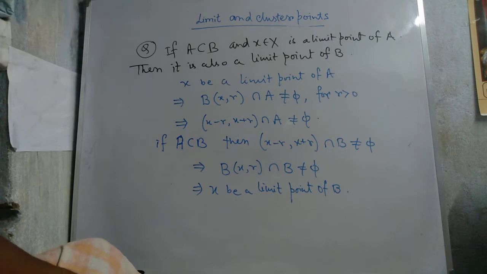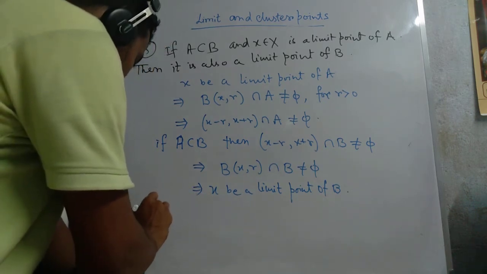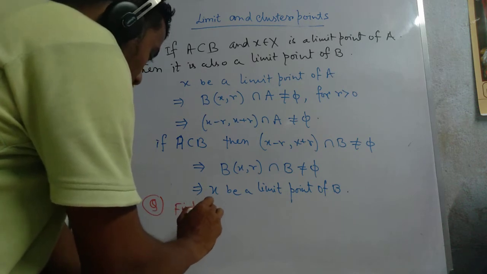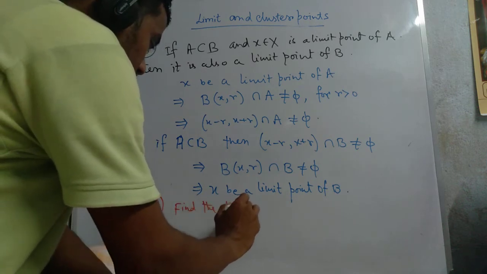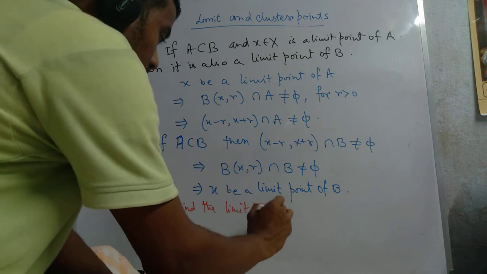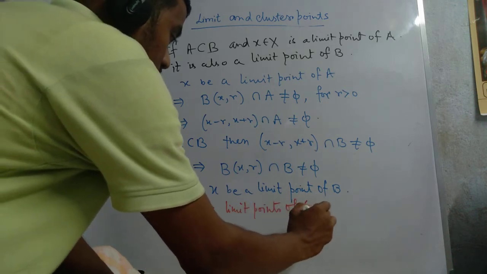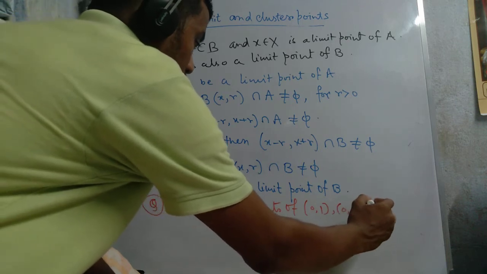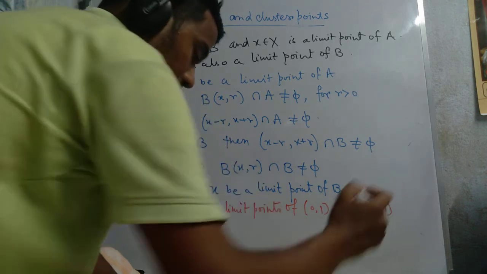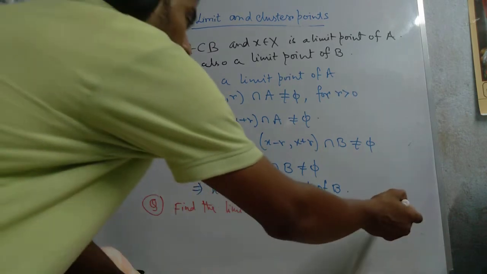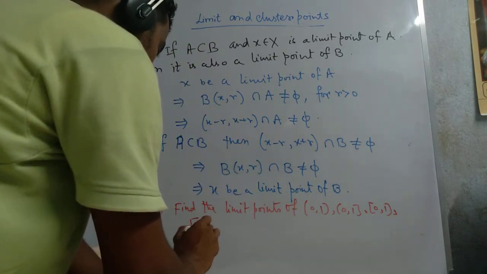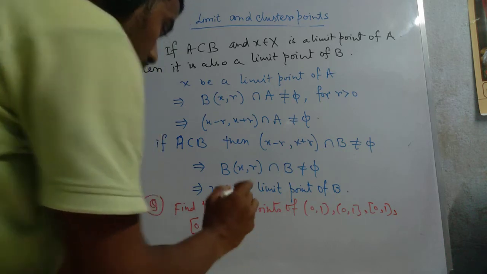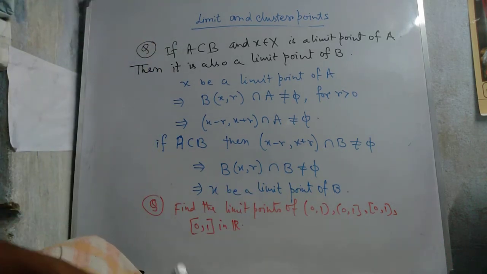Now we see another example. Find the limit points of the open interval (0,1), the closed interval [0,1], and [0,1). Obviously [0,1] is in R. How are these limit points?